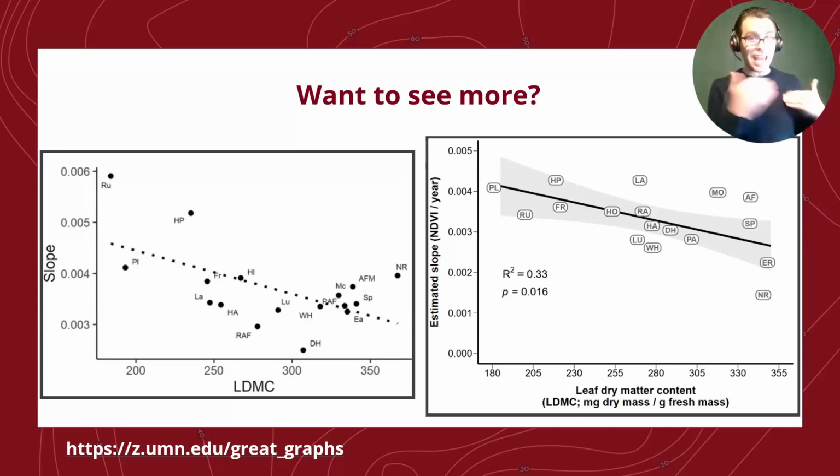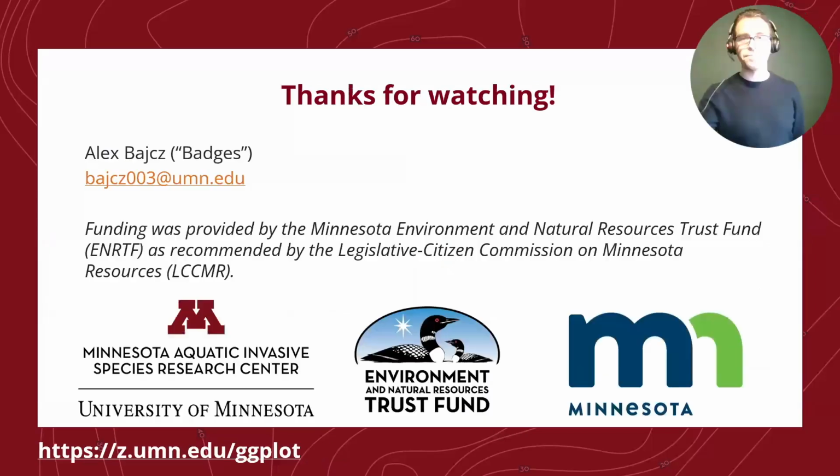I then remake each graph using simulated data to hopefully better align with the principles that I've been summarizing in this video. In fact, you can see my new version of this graph on the right-hand side of this slide. I go into greater detail about all the choices I've made in the guide, and on top of that, I provide annotated code to make these graphs in ggplot2 if you would like to know how to do that. So I encourage you to check it out.